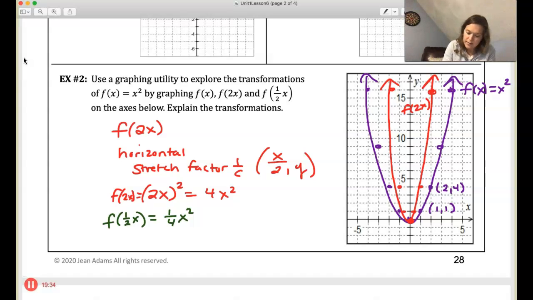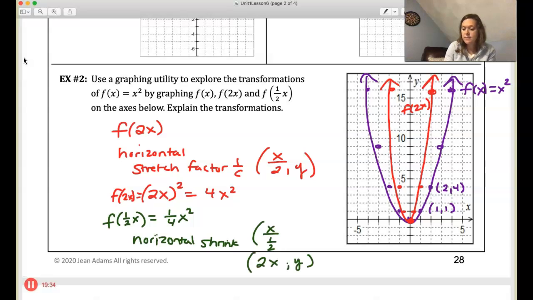And then this is going to be a horizontal shrink with our factor going to be 1 over 1/2. So x over 1/2. Now remember, isn't that the same as just 2x? Because multiplying by the reciprocal would get us 2x.